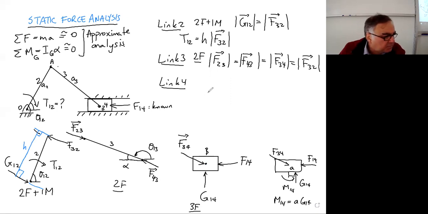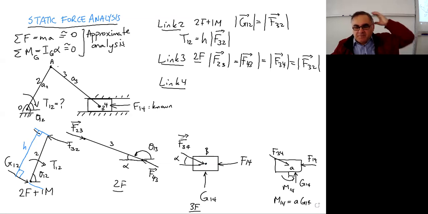Ring 4 is a 3/4 member. So, for example, the forces have to add up to 0. This angle we have called alpha, which we kind of know.